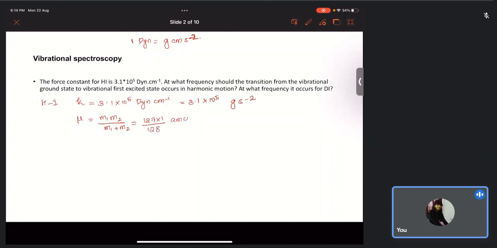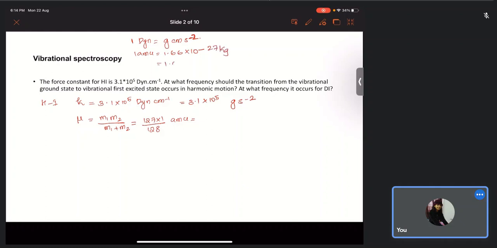This much AMU. 1 AMU is equal to 1.66 into 10 to the power minus 27 kilogram.